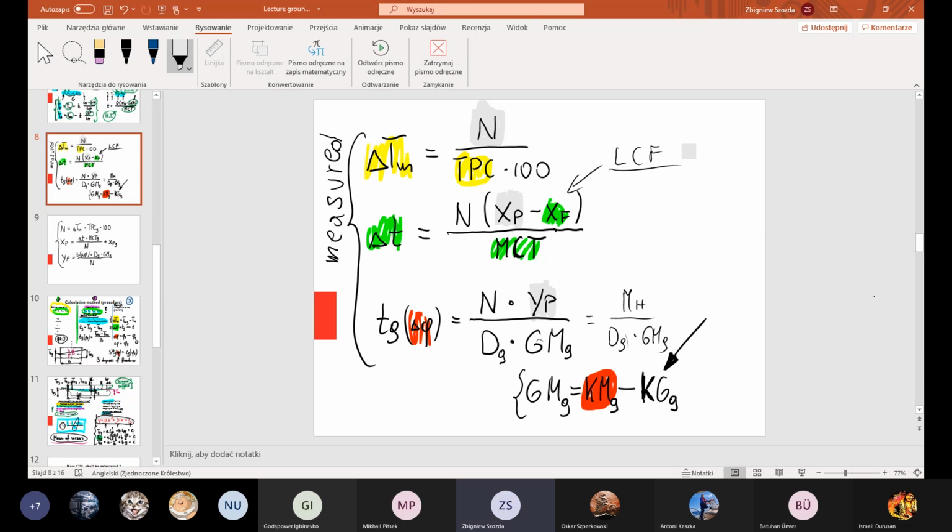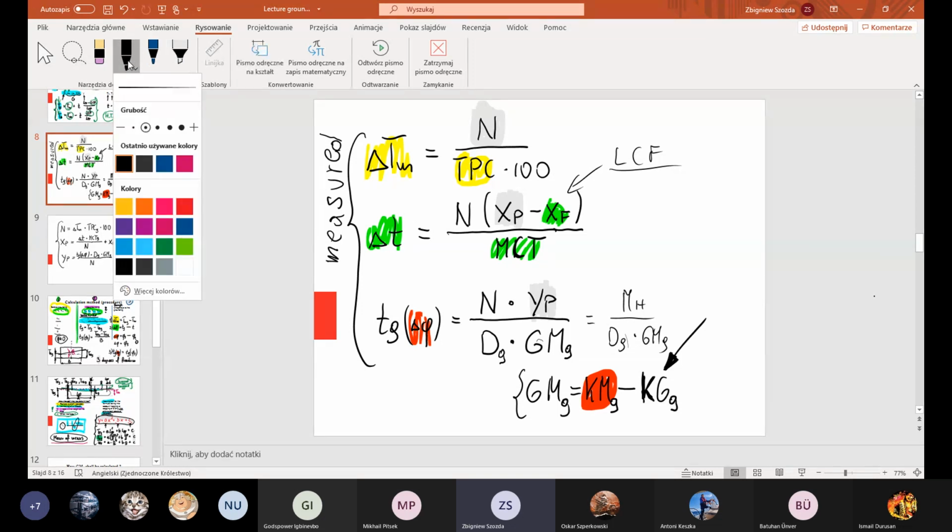I hope you remember TPC, tons per centimeter, LCF, longitudinal center of flotation, MCT, moment to change trim, KM, vertical position of the metacentric point, may be found in, and I want you to finish the sentence.